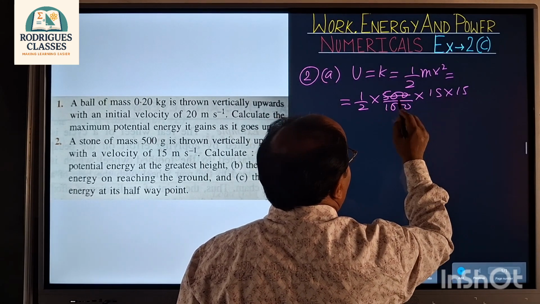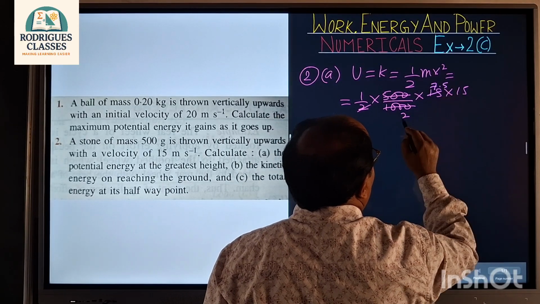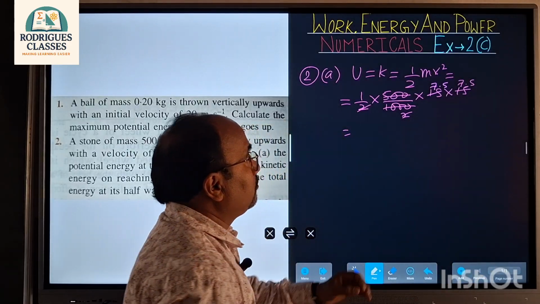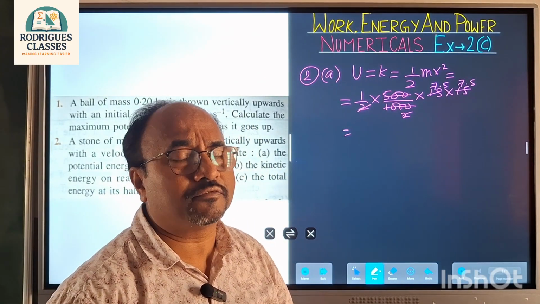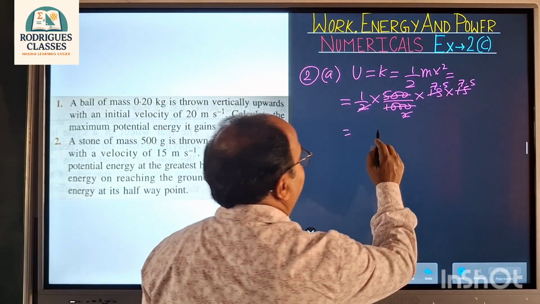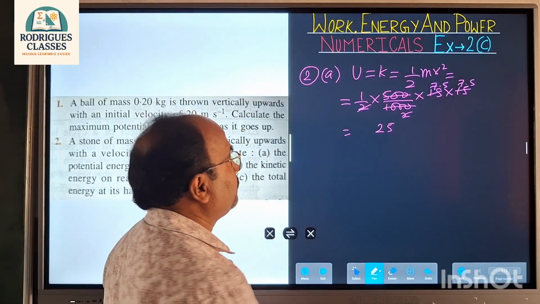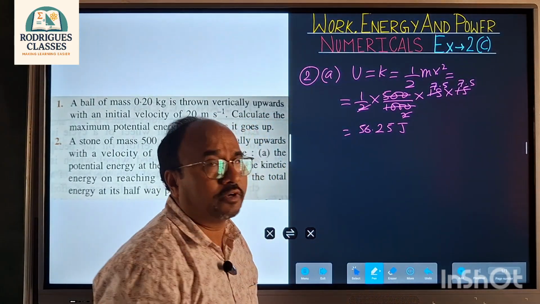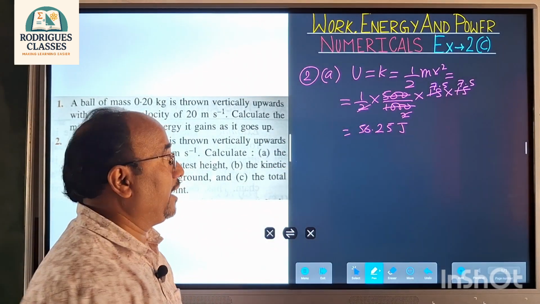So I cancel this: 500 twos are 1000, this will give us 7.5, and 7.5 again. So now 7.5 into 7.5, ending with 5, so 5 square is 25, and 7 8s are 56. This much joule you get. So this is the potential energy at the maximum height.